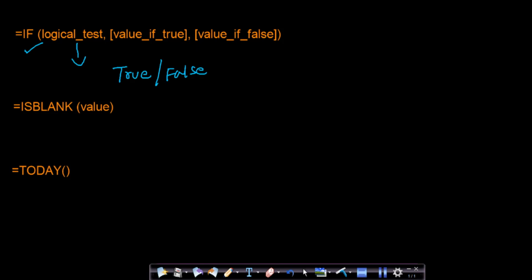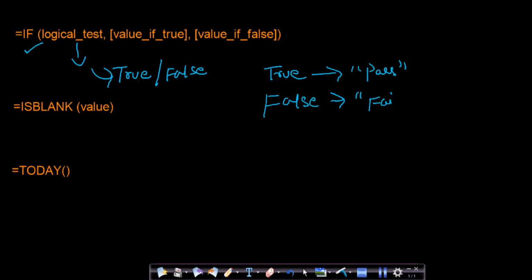If the logical test returns true, you don't want your result to be just true. You want to write something instead of true. If this is true, write that this particular candidate is pass. If the result of the logical test is false, then you want to write fail, right?